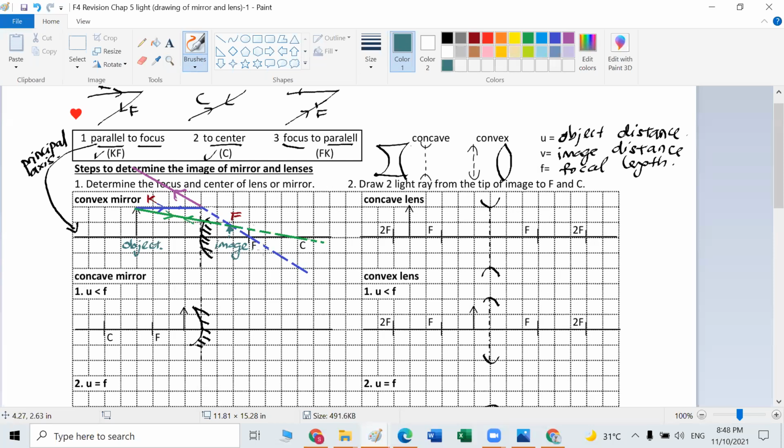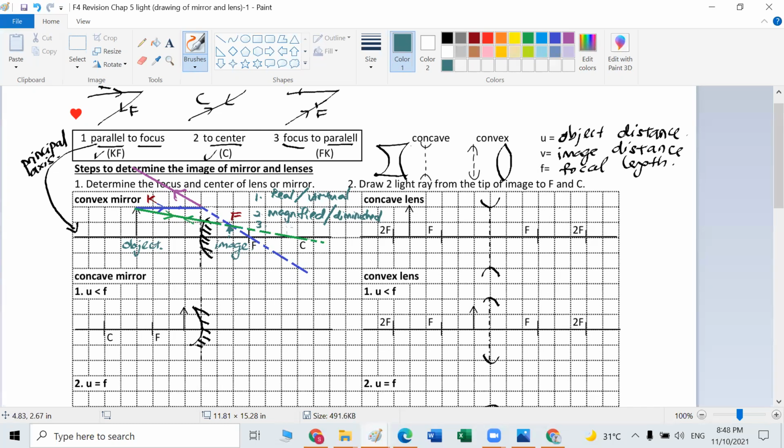Then we can write our characteristics. We got 3. Number 1 is real or virtual. Number 2 is magnified or diminished.